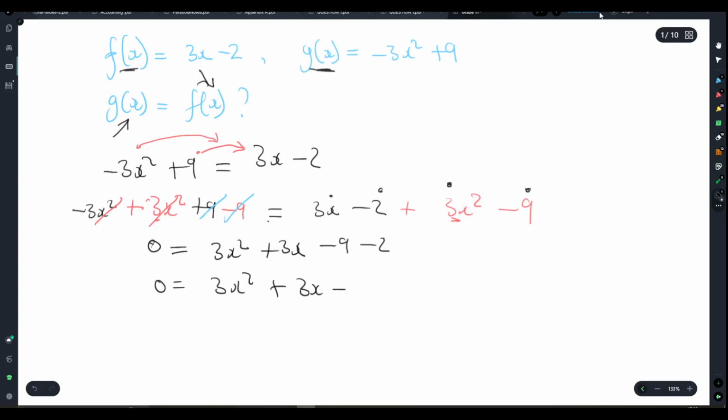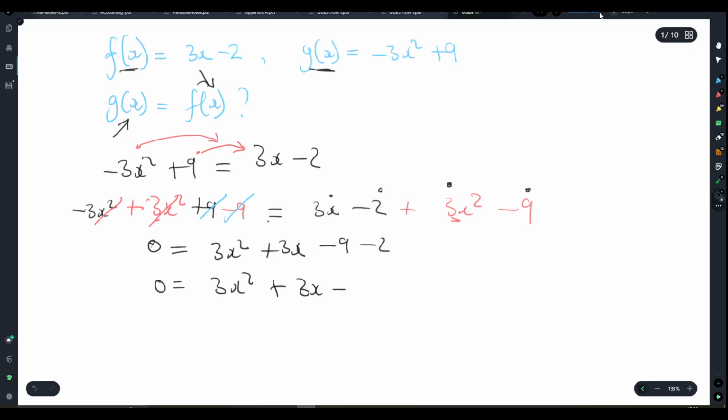Let's continue. Look at how I substitute. Minus, what is the value of b inside the brackets? 3 plus or minus the square root of, in brackets, 3 squared minus 4 in brackets a in brackets c, all over 2 in brackets 3.